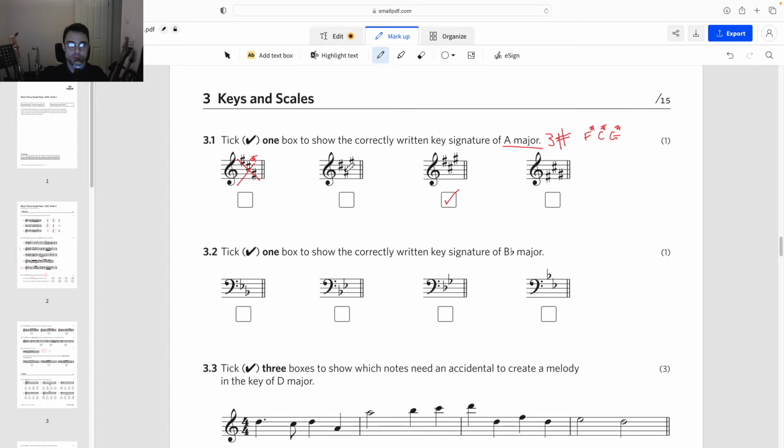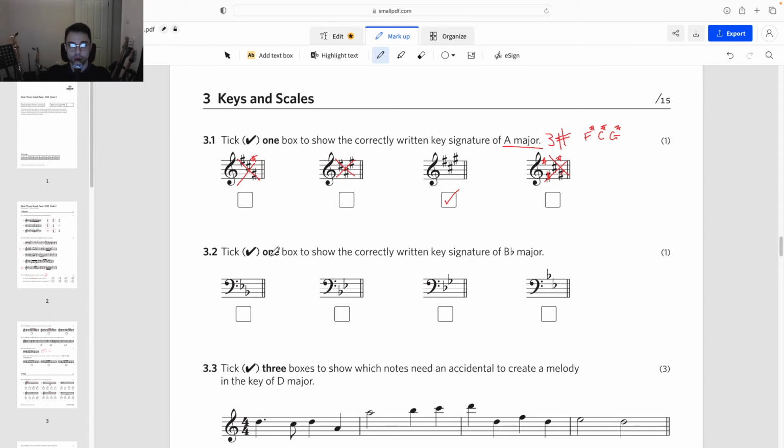A D sharp, A sharp, and E sharp. Nope, none of those notes match up. Definitely not that one. F sharp, C sharp, G sharp. Well, they've got them in the right order, but they need to go in that order. Get rid of those ones. So it's not that one. We know it's this one.